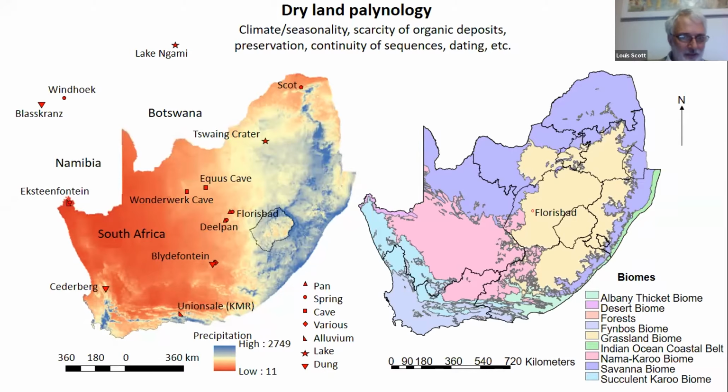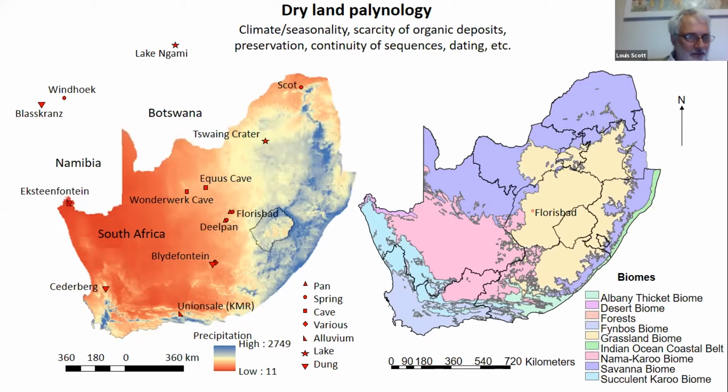It's nothing like what I saw this morning for the European database, where they have absolutely fantastic data. But you can see, especially towards the west, how few sites we have in these dry parts of Southern Africa.